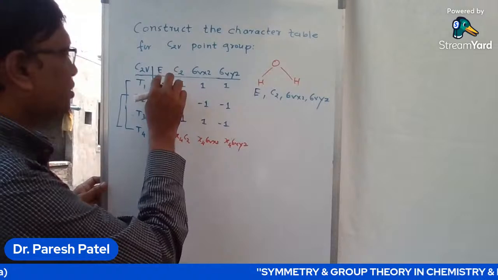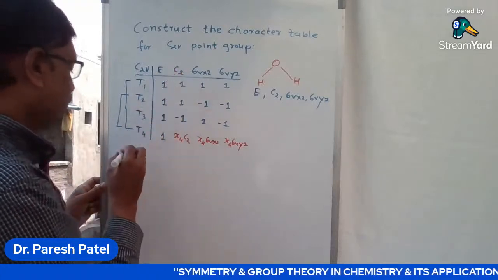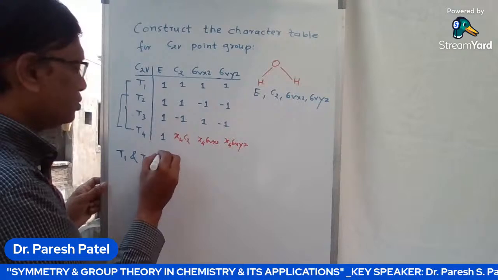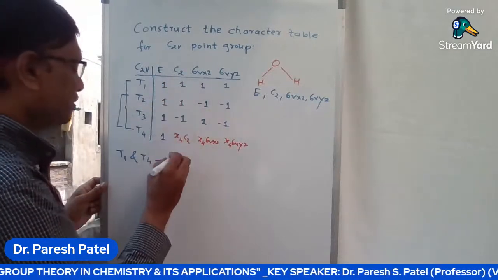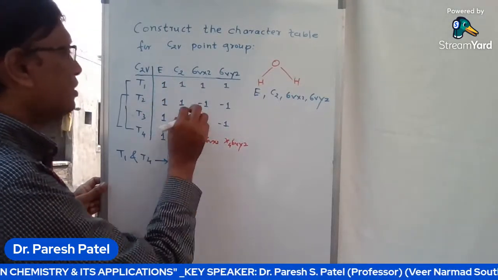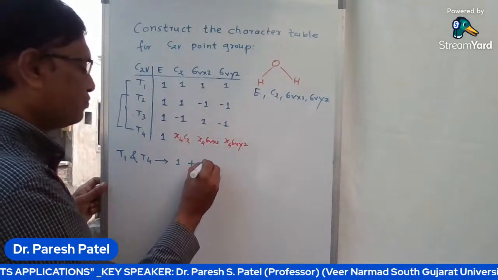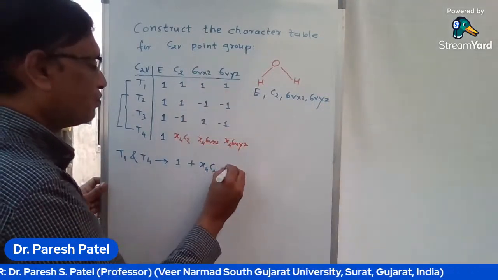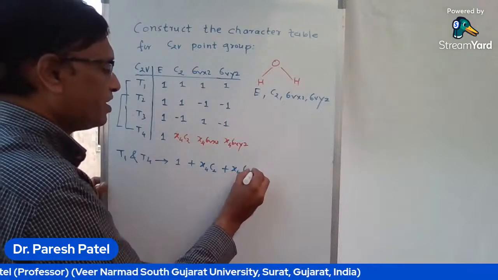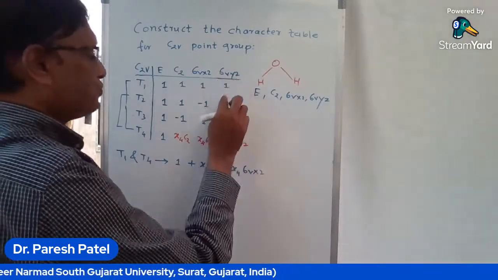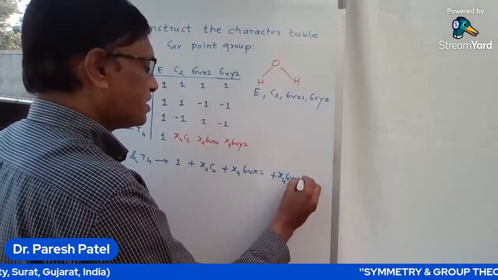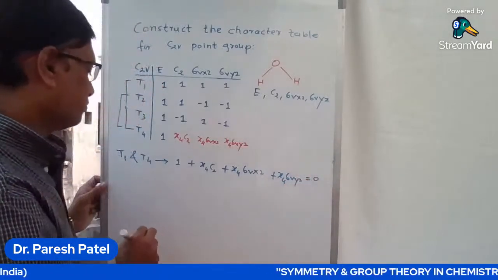First one, T1 and T4: 1 into 1 into 1, 1 into 1 into character 4 C2, 1 into 1 into character 4 sigma Vxz, 1 into 1 into character 4 sigma Vyz is equal to 0.